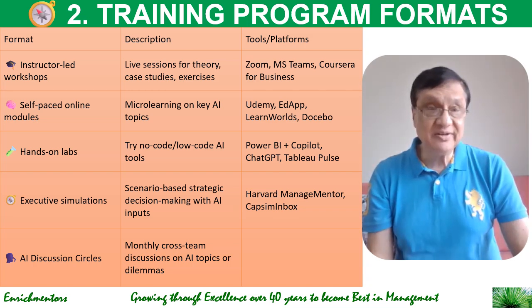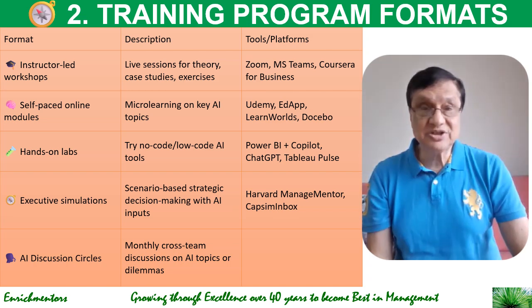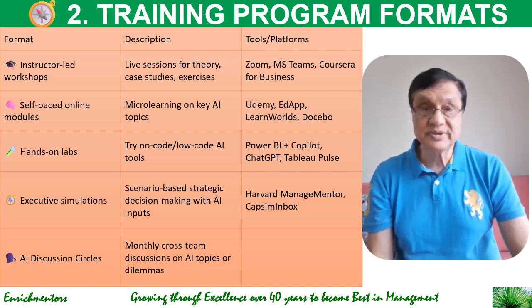You could do self-paced online modules, which is micro learning for key AI topics, and there your key platforms and tools are like Udemy, Docebo. You could have hands-on labs where they can try no-code or low-code AI tools, and the tools that you have for that are like Power BI plus Copilot, ChatGPT, Tableau Pulse.